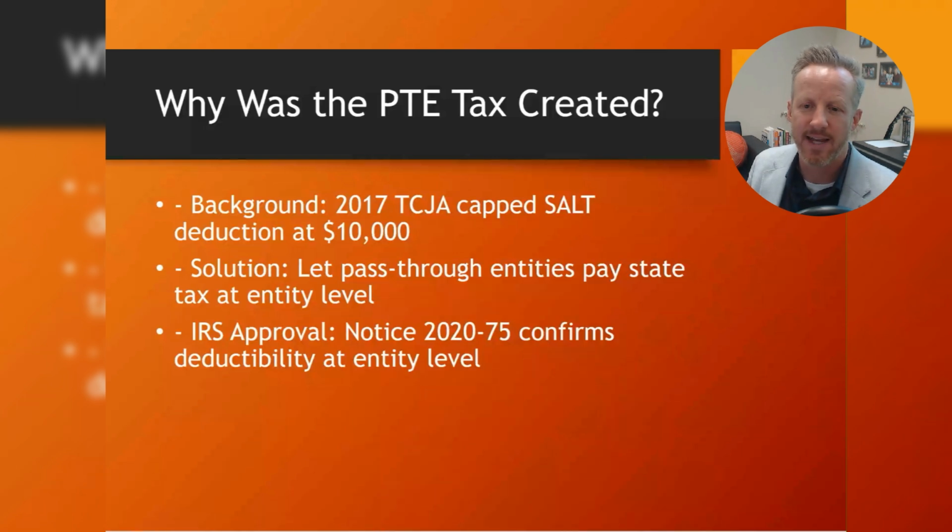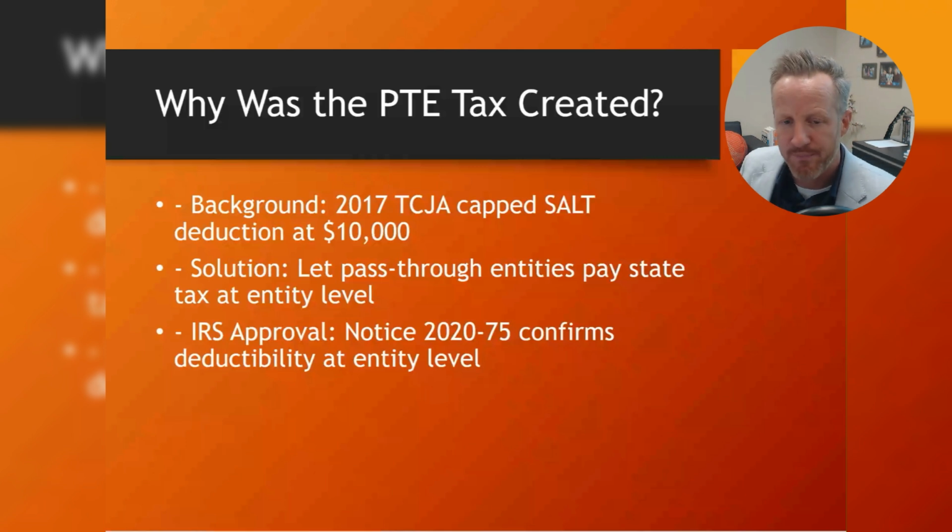Basically, the IRS is saying, yep, we will give our stamp of approval on this little workaround that you states that got negatively affected by the Tax Cuts and Jobs Act. We're going to allow you to do that. And so, hence, since that point, we have been doing this for all of our clients.